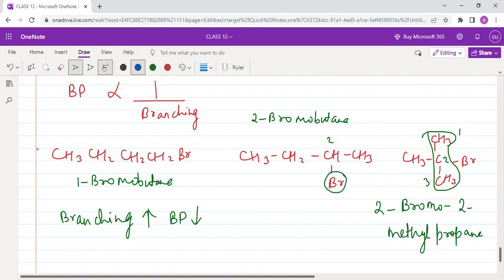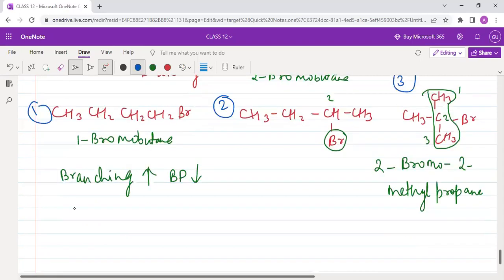So if this is compound 1, this is compound 2, and this is compound 3, which one will have the maximum boiling point? It will be compound 1, the one arranged in a straight line. All the atoms are in a straight line, so it will have maximum surface area.